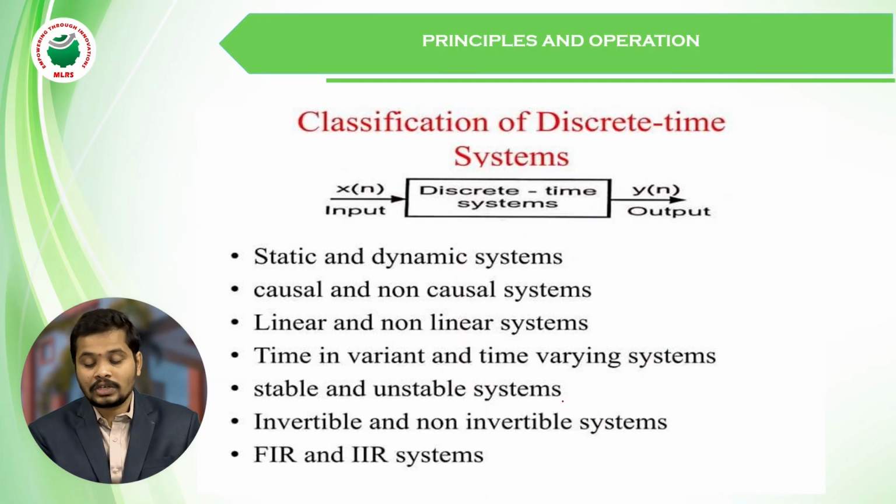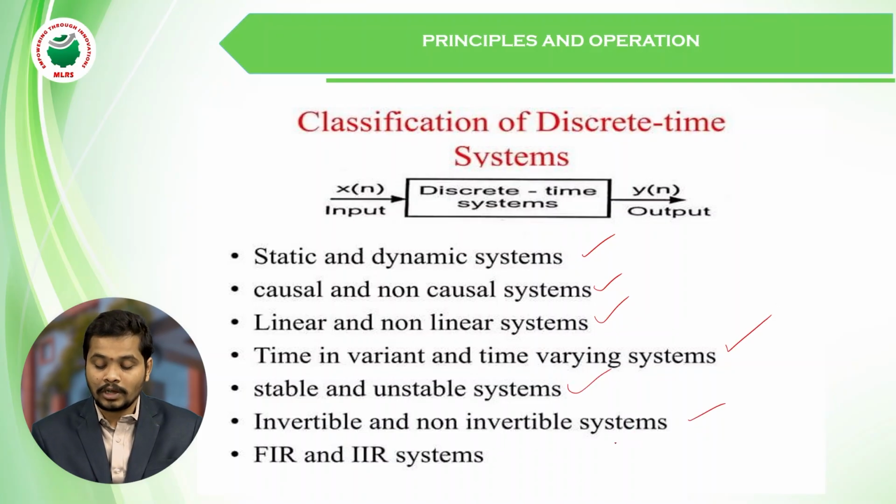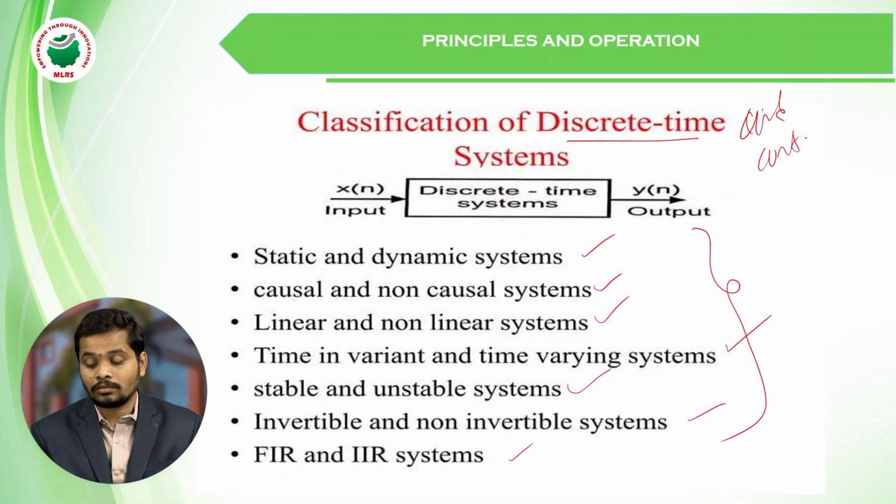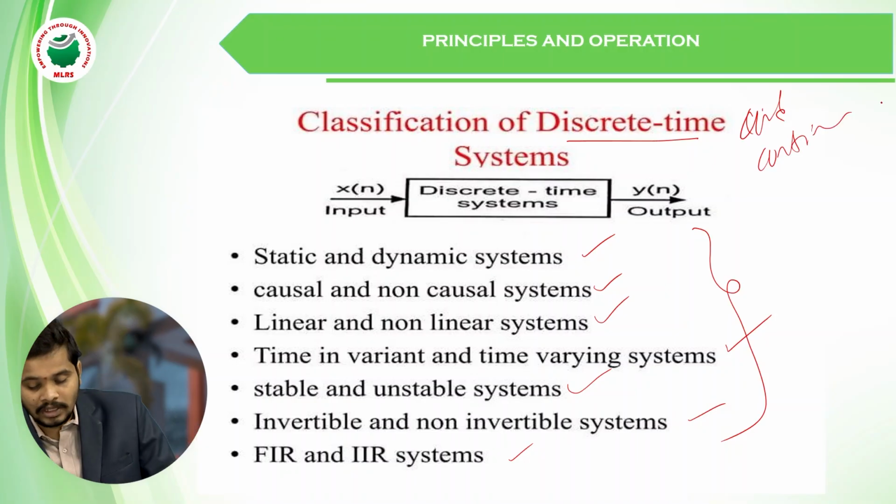Coming to the classification of discrete time systems, we have different classifications: static and dynamic, causal and non-causal, linear and non-linear, time variant and time invariant, stable and unstable, invertible and non-invertible, FIR and IIR systems. These are the different systems we have in discrete time systems, and also in continuous time systems; the same thing is there.